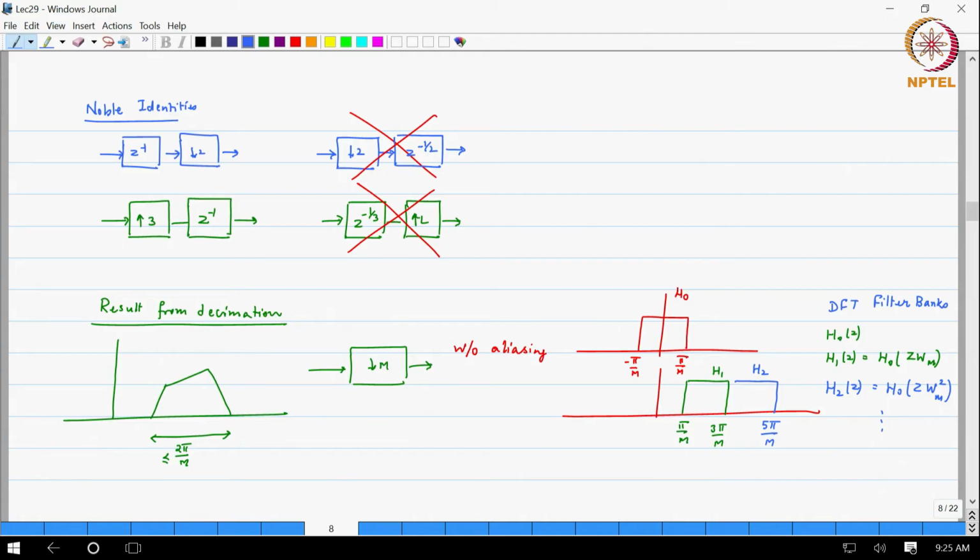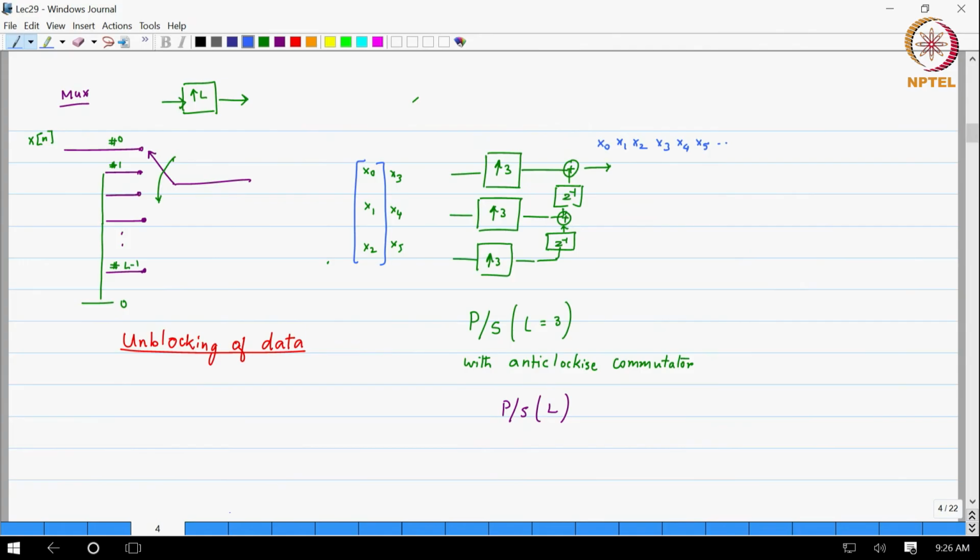If you were to write it down in terms of the polyphase components, it is very attractive. H_0(z) in terms of type 1 polyphase components is the sum over k equal to 0 to m minus 1 of z^{-k} E_k(z^m), and then apply the DFT filter bank constraints, we get the following result.